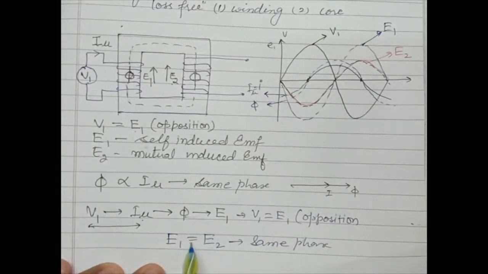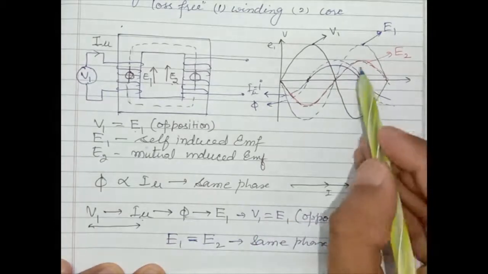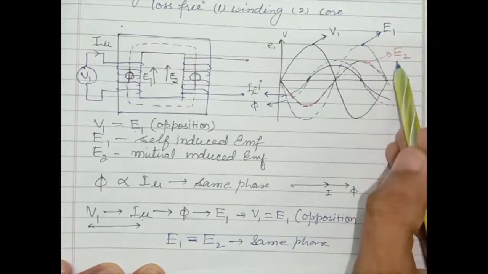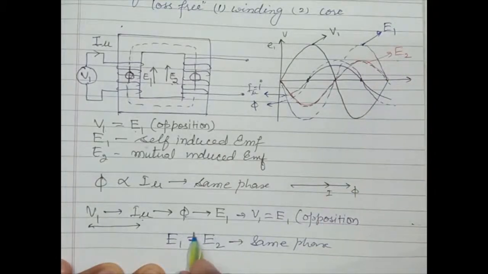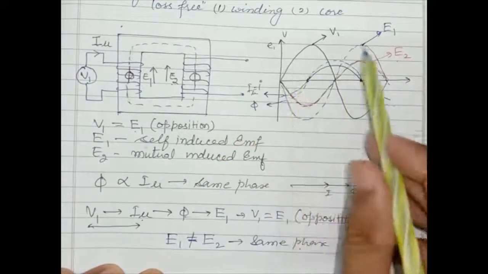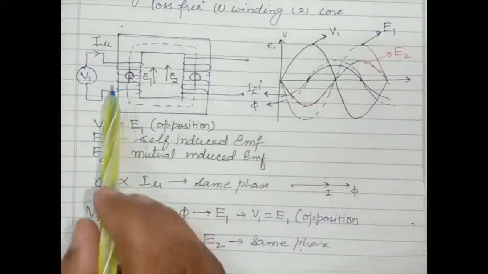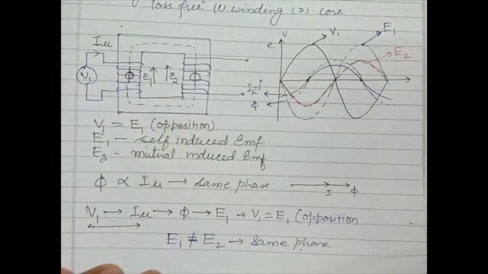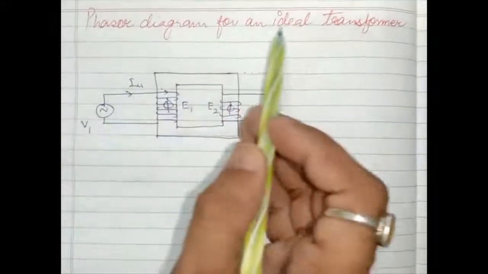As I have considered here E1 is equal to E2, but I am showing the magnitudes of E1 and E2 as different, so we are not going to consider them as equal, but both are in the same phase. So this is basically the wave shape for all the quantities associated with an ideal transformer. Now the next point is the phasor diagram of an ideal transformer.